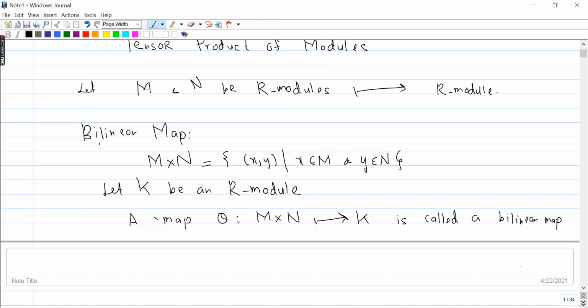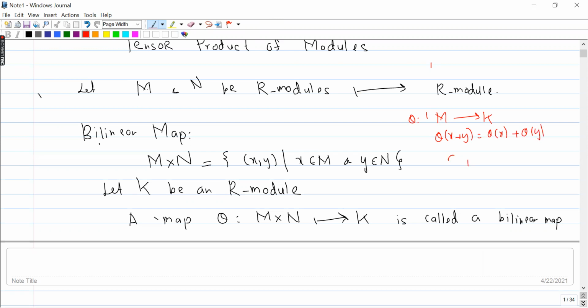So this is called a bilinear map. We know that a simple linear map from M to K satisfies this property: if theta is a linear map, then theta of x plus y is equal to theta of x plus theta of y.